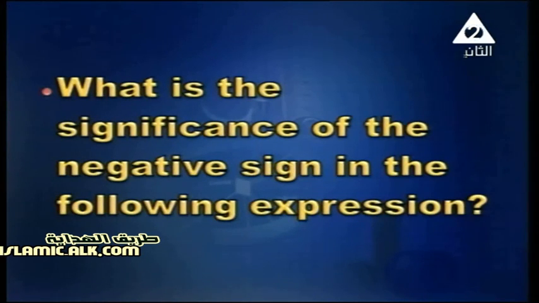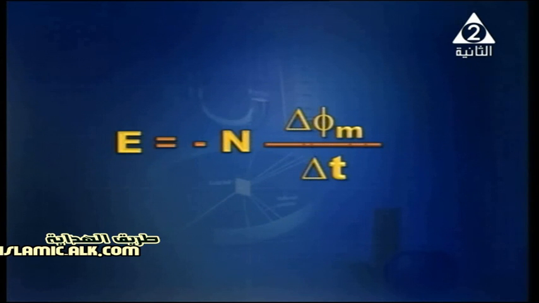We want you to mention the significance of the sign. EMF equals negative sign, N is the number of turns, delta phi magnetic over delta t. What about this negative sign? What does it refer to?